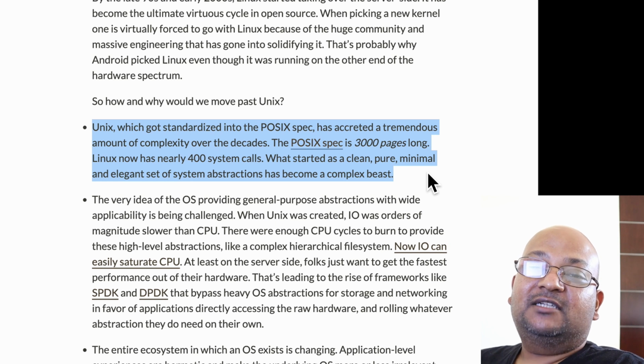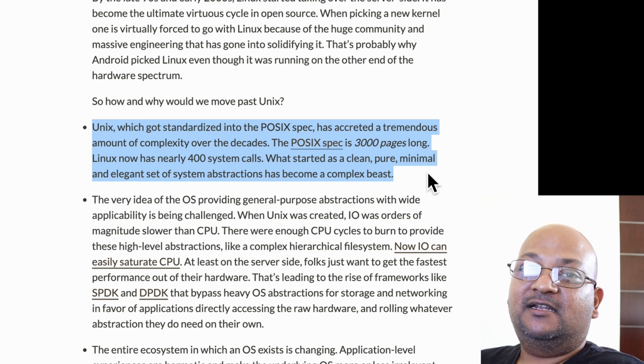If you look at the POSIX spec, it is 3,000 pages long. And the reason that's happened is because it wants to address a wide variety of use cases. But if you look at any one specific application, you really have to ask if you need to support all of that complexity or just the tiny subset that your application needs.